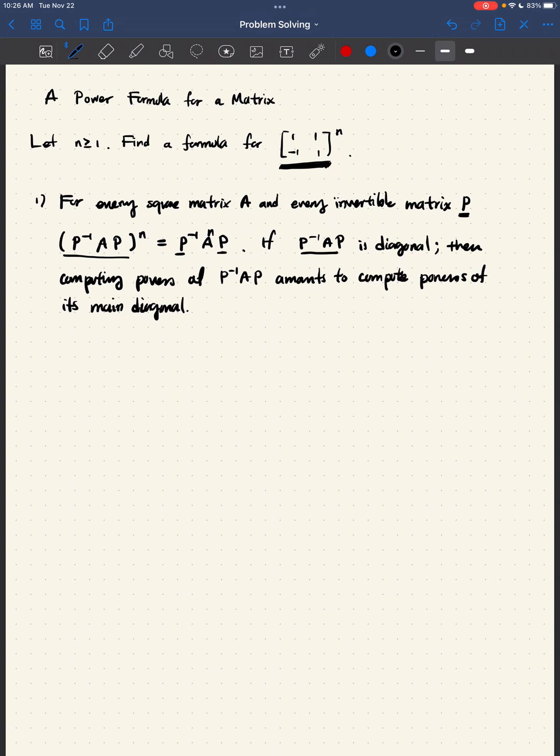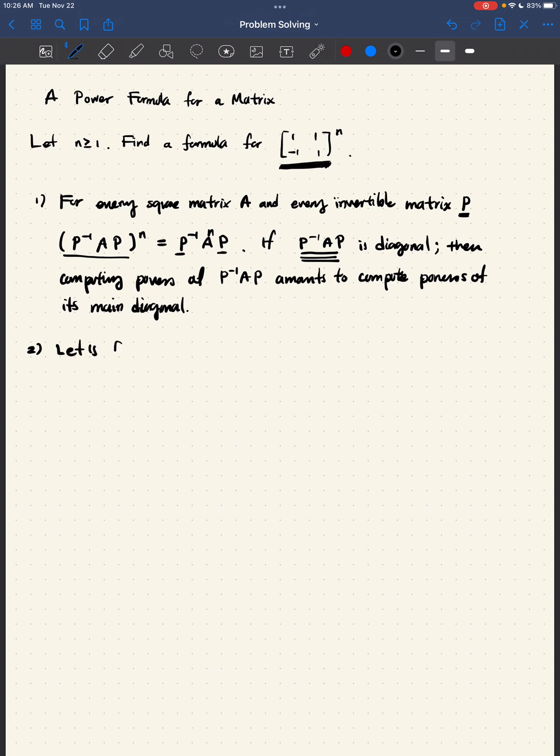So that's what we're going to do. We're going to find a basis for the matrix A, if possible, that will make this particular matrix diagonal, because that's exactly what this is indicating. This is just a change in coordinates.